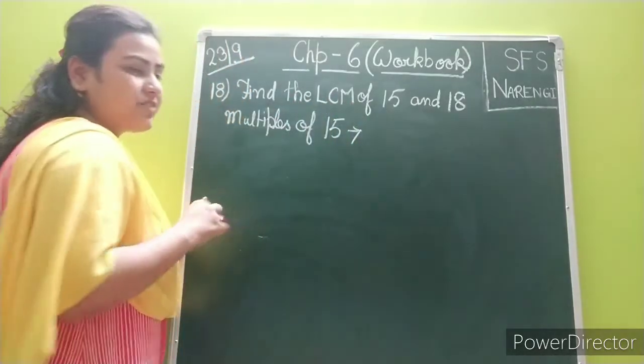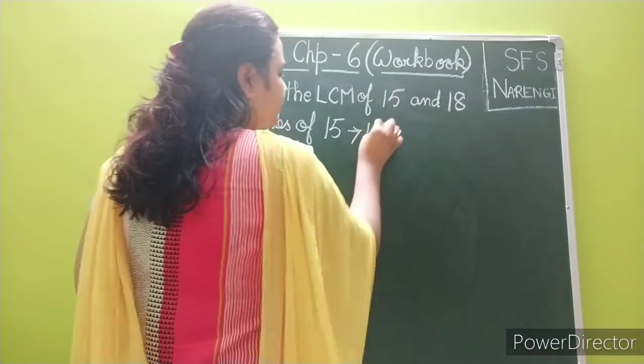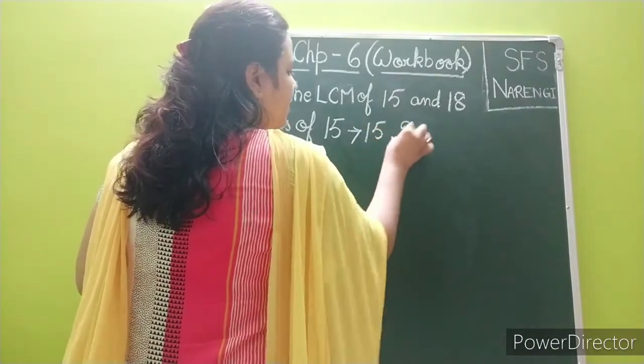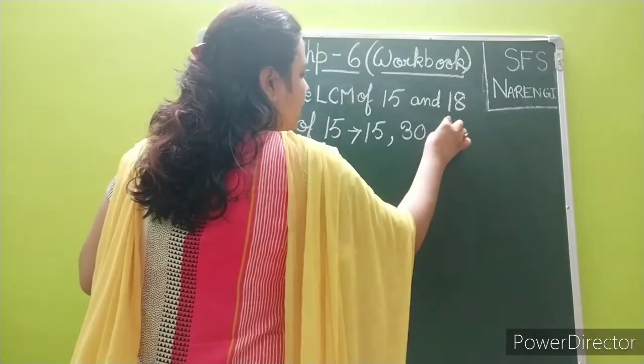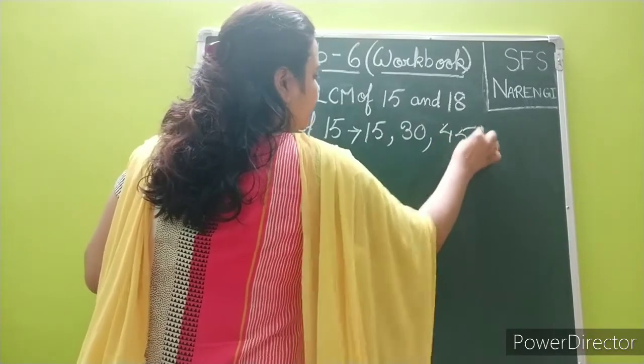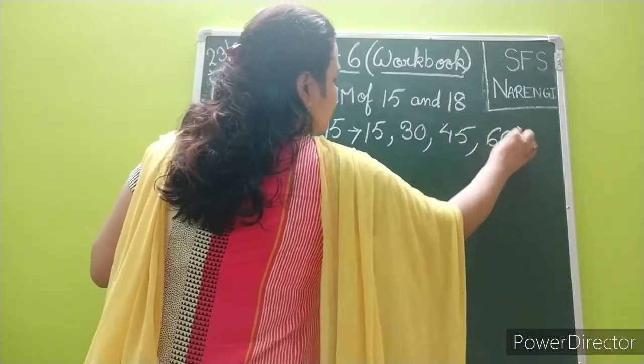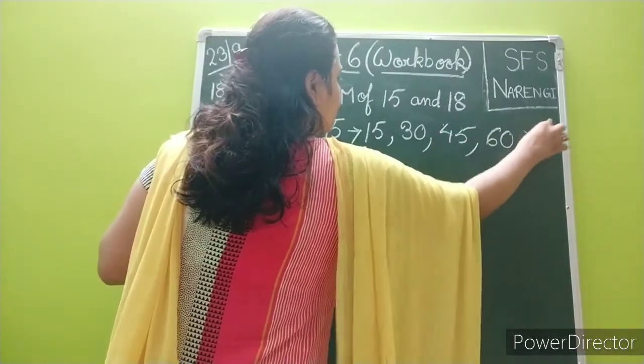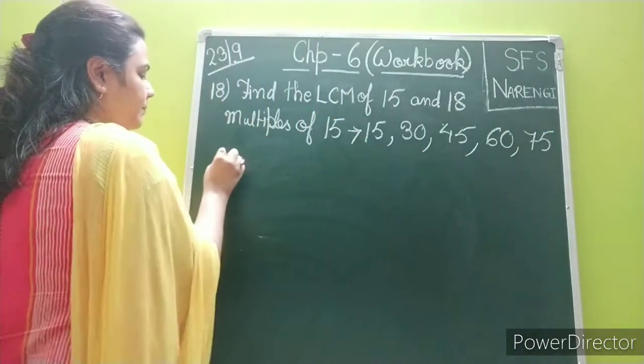Let us write the first 5 multiples of 15: 15, 30, then 45, 60, 75. Okay.